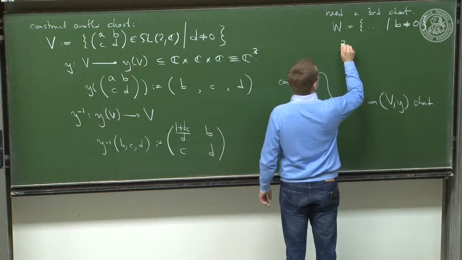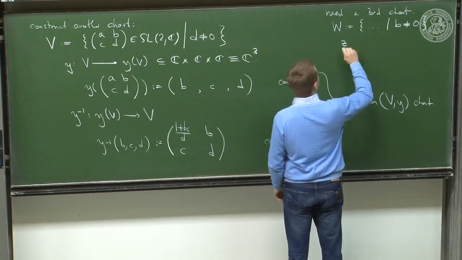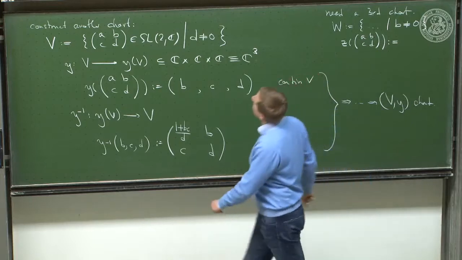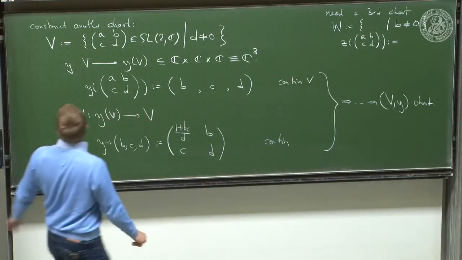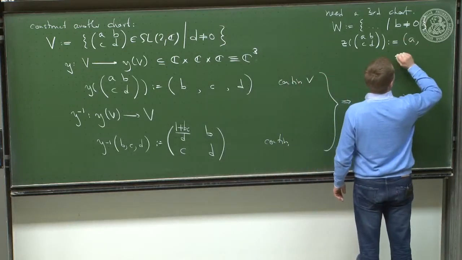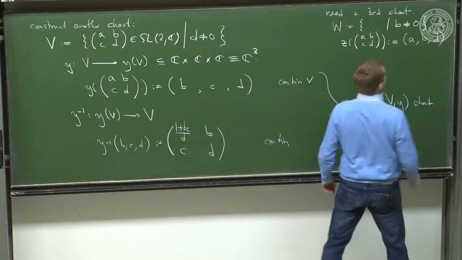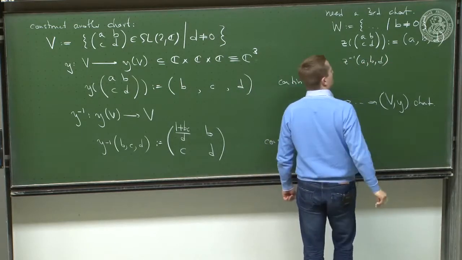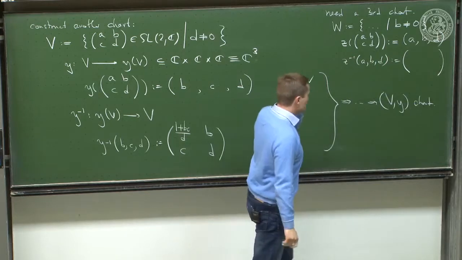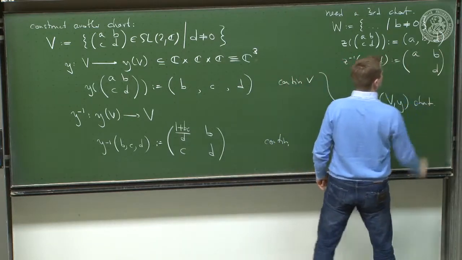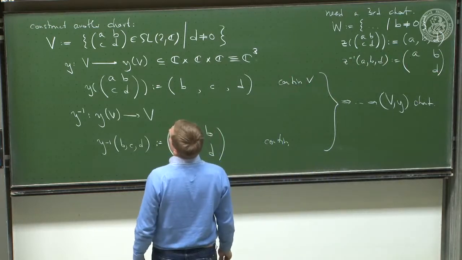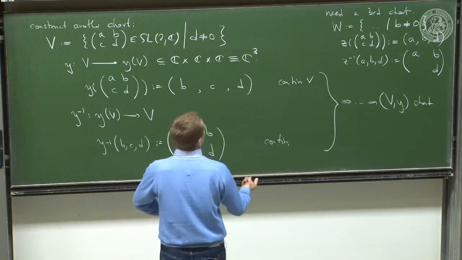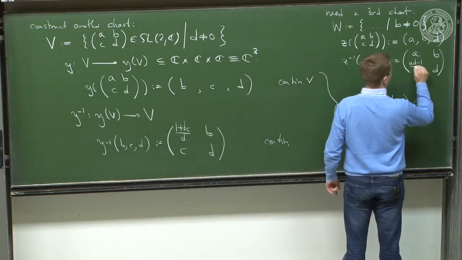And then we construct the coordinate map Z of A, B, C, D. If I have B non-zero, I can divide by the B, and then I can express the C. So I will have A, B, D as this map, and I construct the inverse of this map Z. It will yield the A, B, D, and the C I can reconstruct as AD minus 1 by B. Agree?